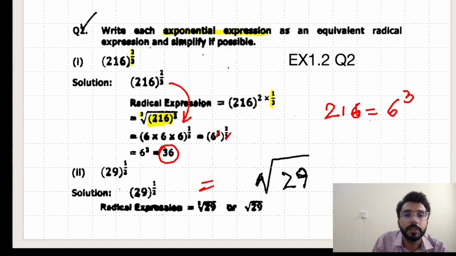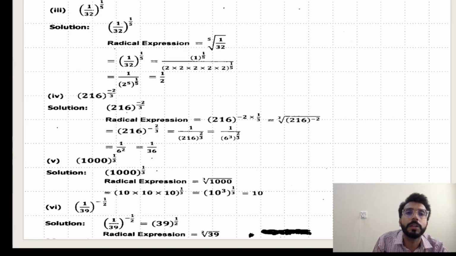And question number 3 is 1 over 32, exponent is given as 1 by 5. 1 by 5 radical form में first of all write in the radical form. हमने radical form में कर लिया. Simple.